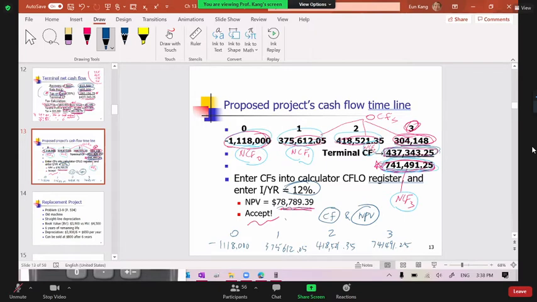Okay. A good clarifying question. The recovery of net working capital, sorry, net cash flow, the 15,500, is that given? Oh, that is given.